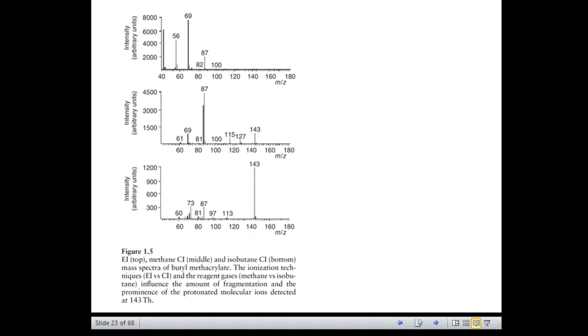Right? This example shows that the degree of fragmentation in chemical ionization can be controlled by changing the type of the reagent gas.